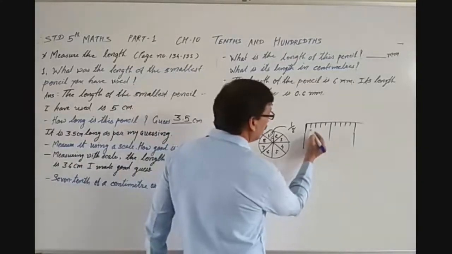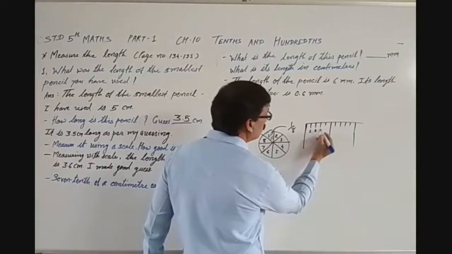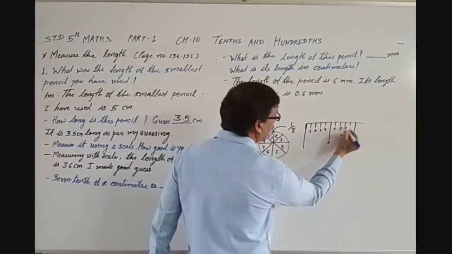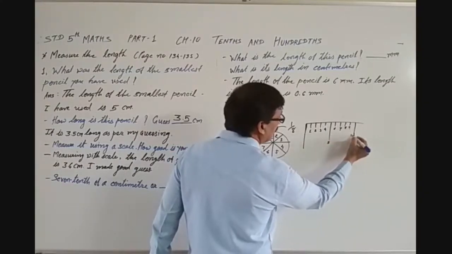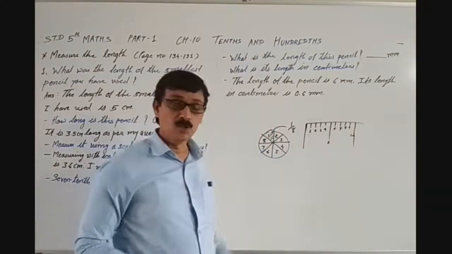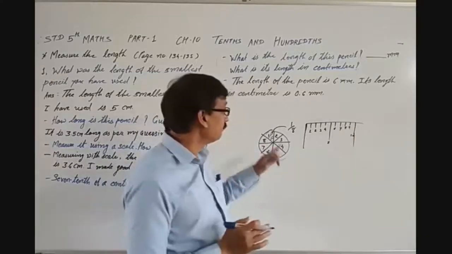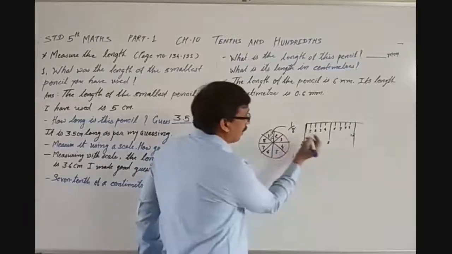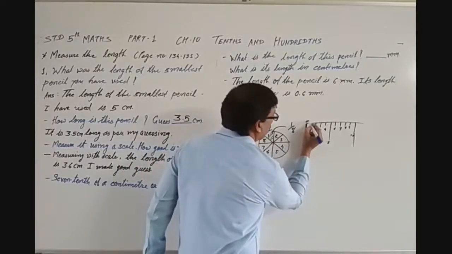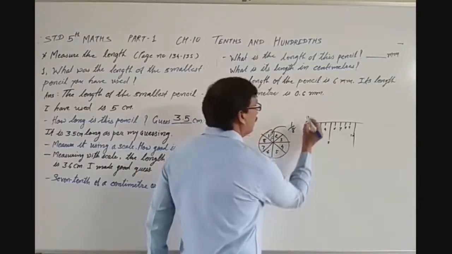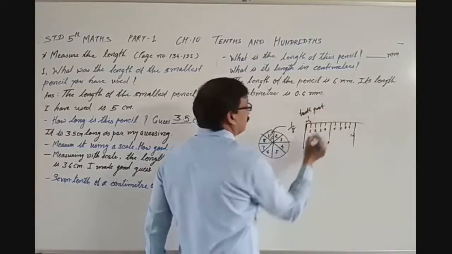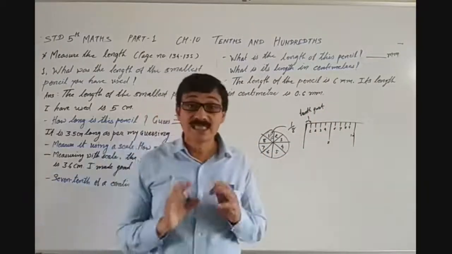Starting from here 1 2 3 4 5 6 7 8 9 and this is 10. Total 10 parts are there in between this centimeter. So this one part is called 10th part.